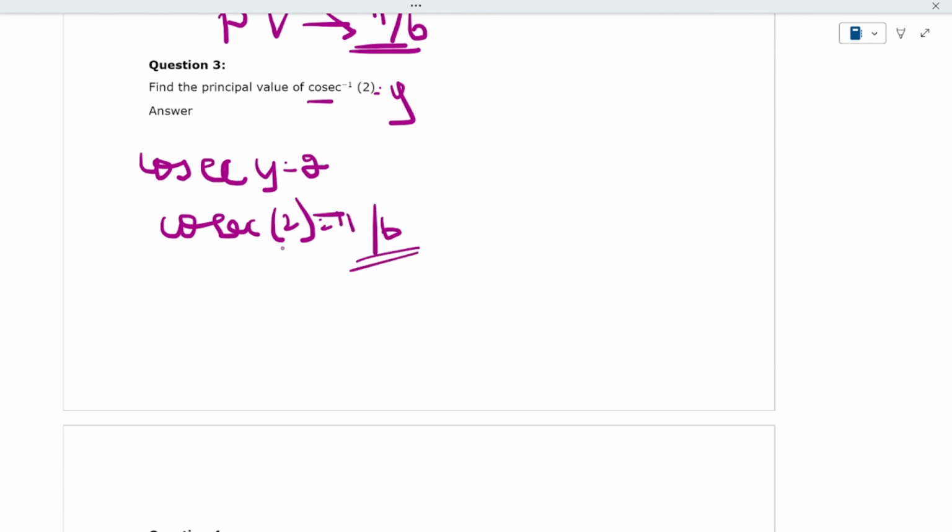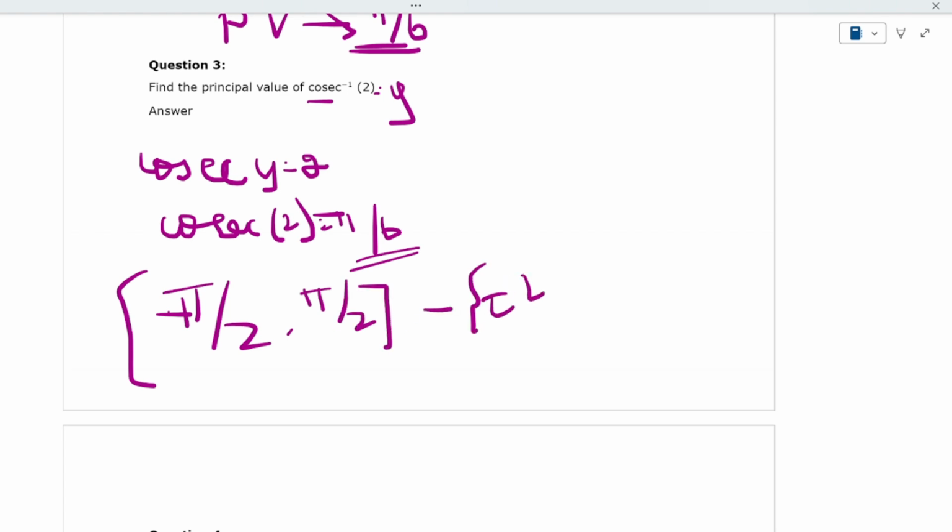So this is the principal value. For cosecant inverse, the principal value range is minus pi by 2 to pi by 2, excluding 0. I showed in the previous slide, right? If you want, you can go through it again. This is the principal value.